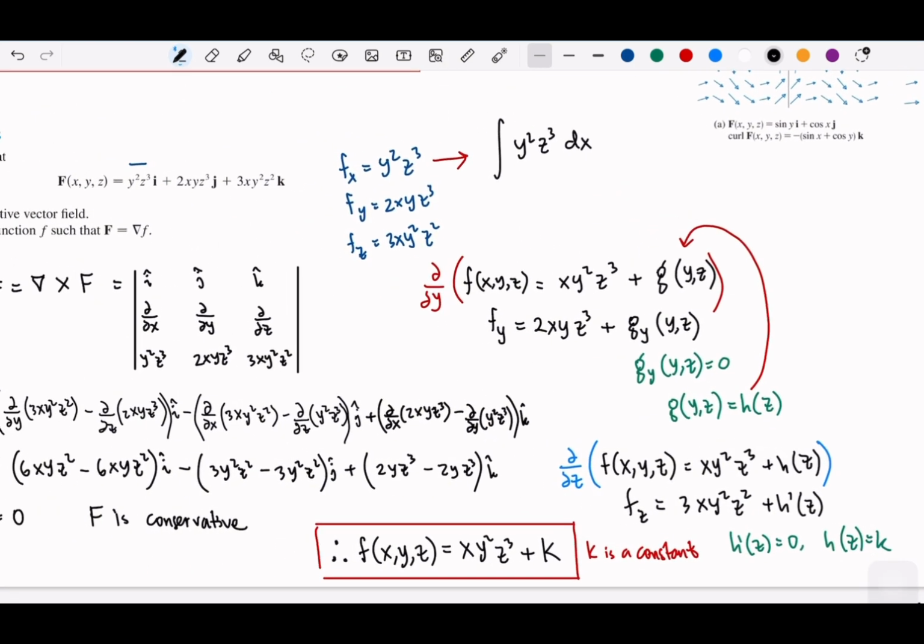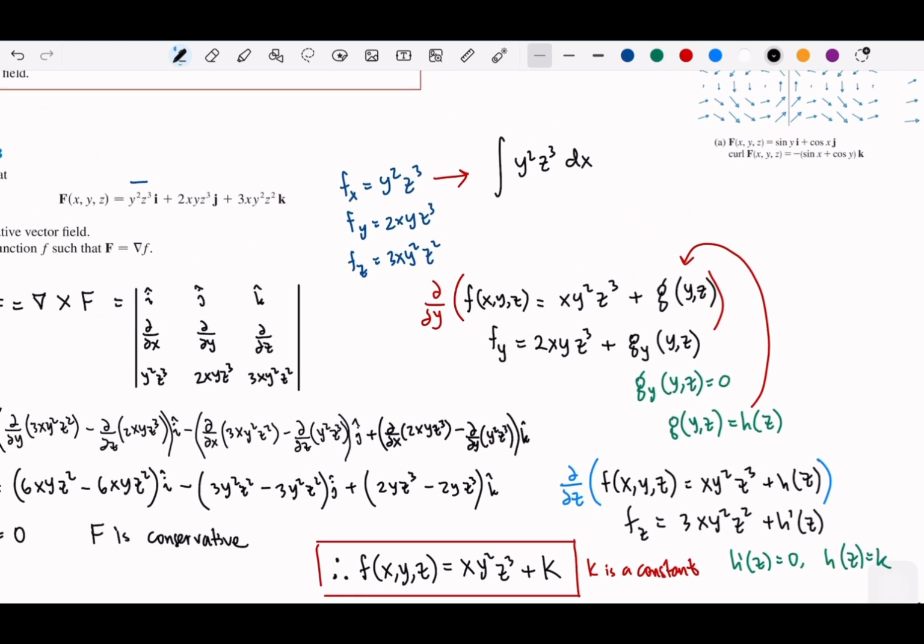So basically, the curl will be clearly emphasized if your vector field has a kind of rotation, and somehow we could measure it, perhaps like in fluids.